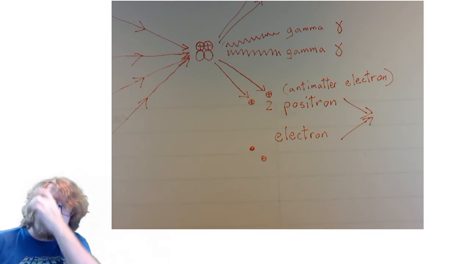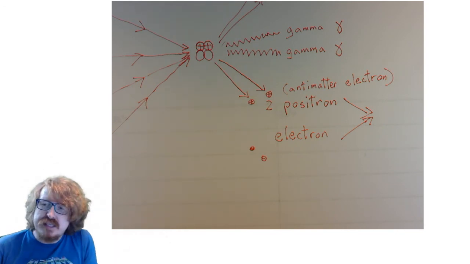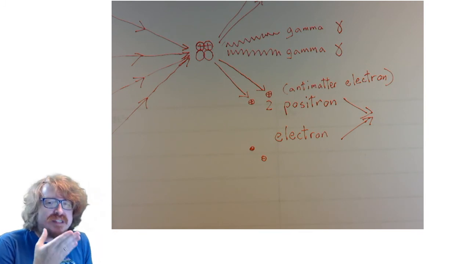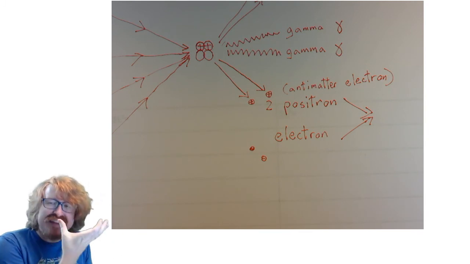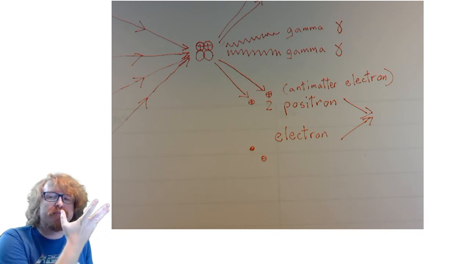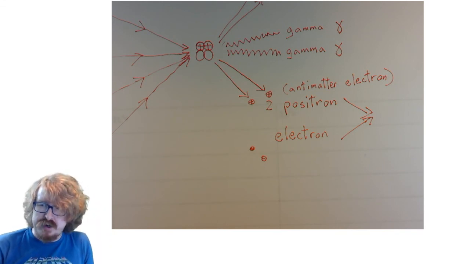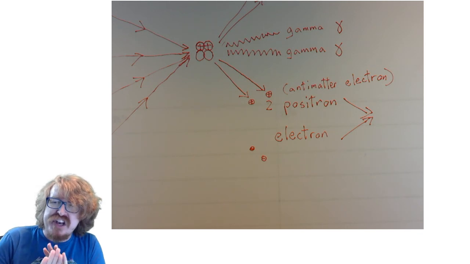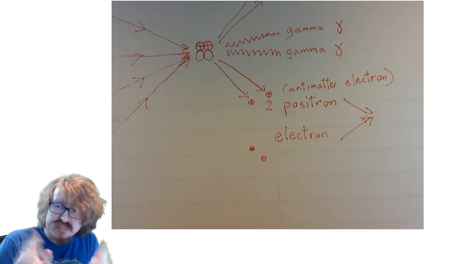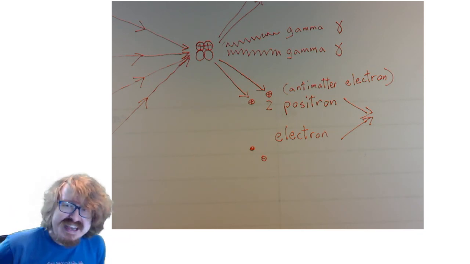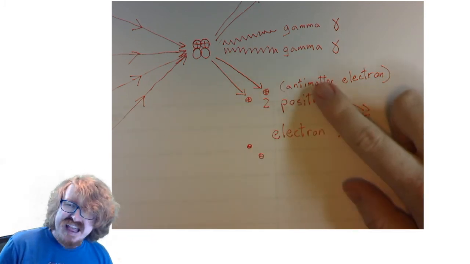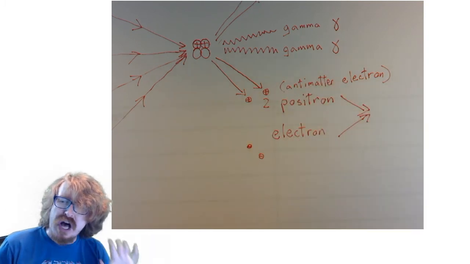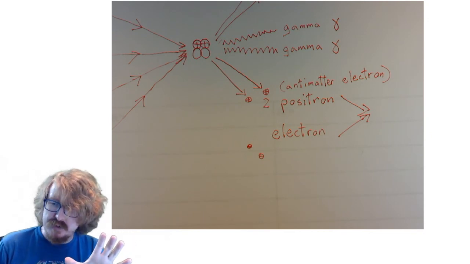The reason you don't want to mess around with antimatter is that when matter comes together with its own type of antimatter, they completely destroy each other in a process called annihilation. So it's not just an explosion, it's annihilation. These positrons and these electrons will annihilate each other, okay?